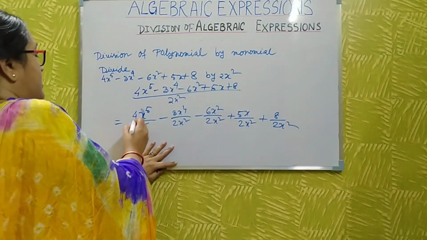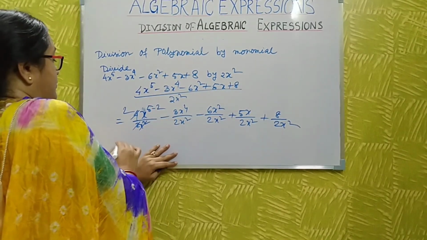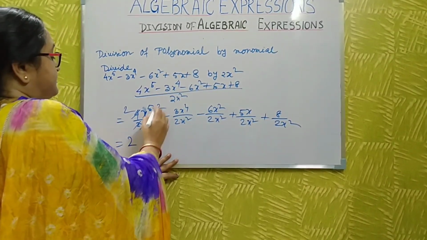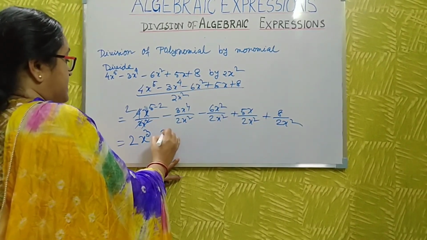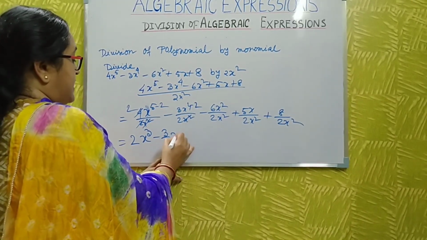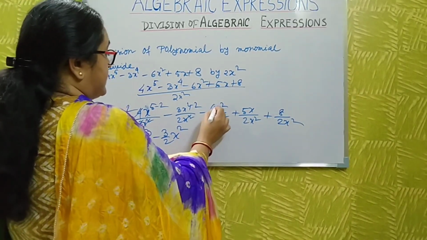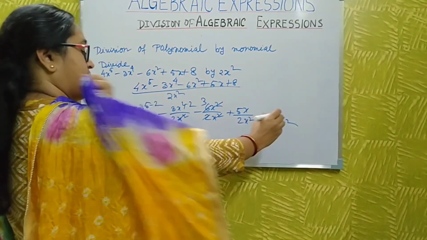Then what is this? 4 by 2 is 2, x⁵ by x², 5 minus 2, is 2x³. Then minus 3 by 2, x⁴ by x², 4 minus 2, then x². Then 6 by 2 is 3, and x² cancels, minus 3.